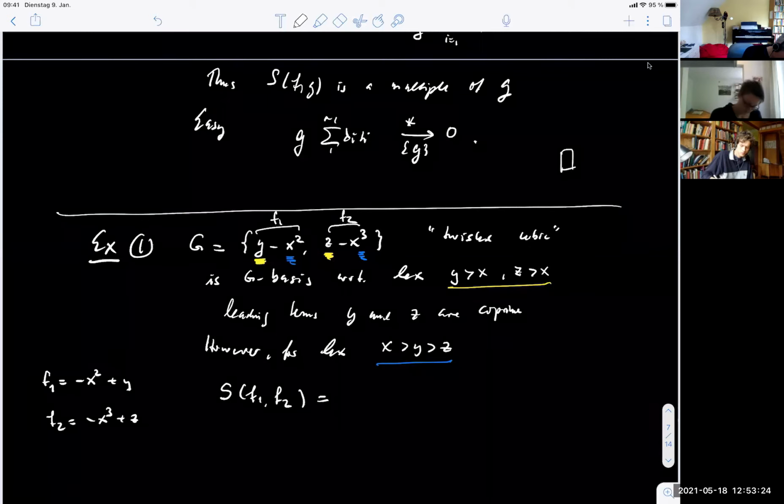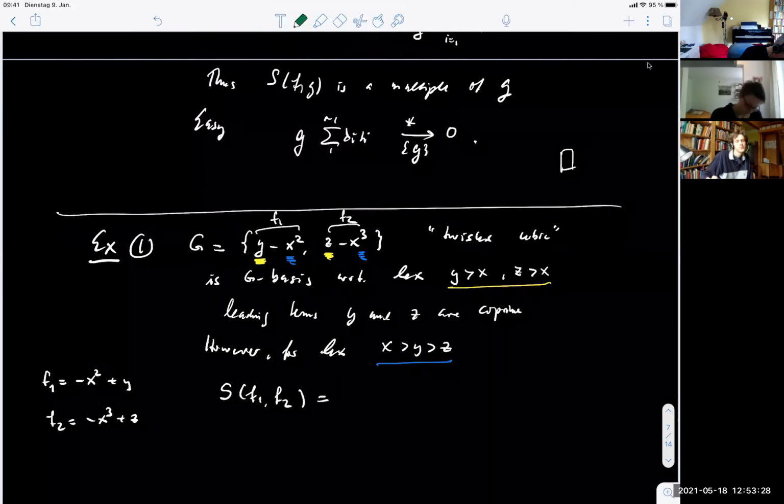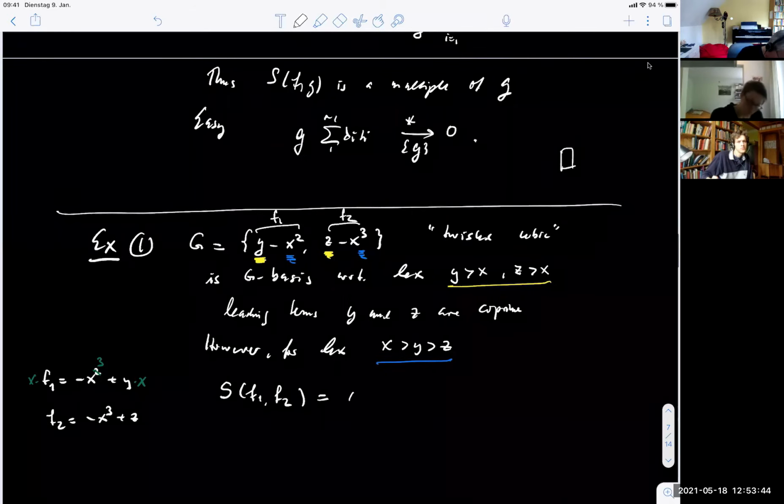I multiply f1 with x, then I get minus x cubed plus xy, and I subtract. The x cubed is killed, and I get xy minus z. So this is the S polynomial. And this is a normal form.